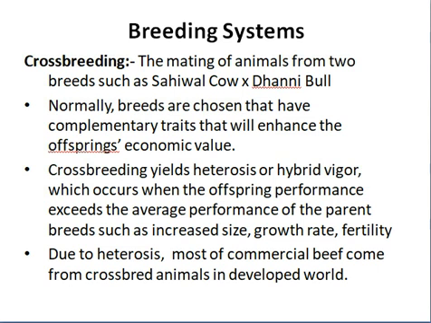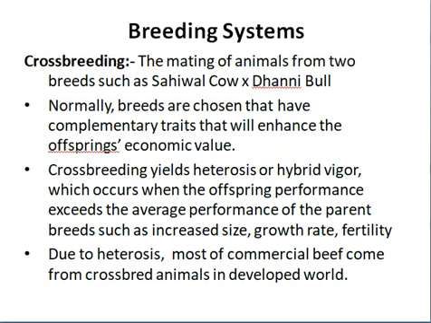It increases heterozygosity because both breeds are genetically different, and heterosis occurs when offspring perform better than the average of their parents. For example, if the average growth rate of parents was 500 grams per day and the offspring is growing at 700 grams per day, then the 200 grams per day better performance by the offspring is due to heterosis or hybrid vigor.